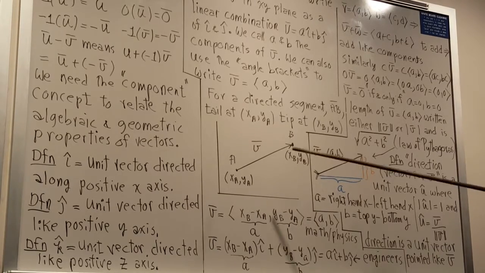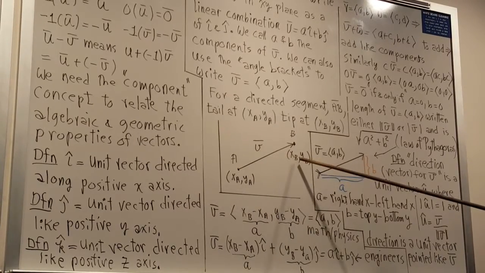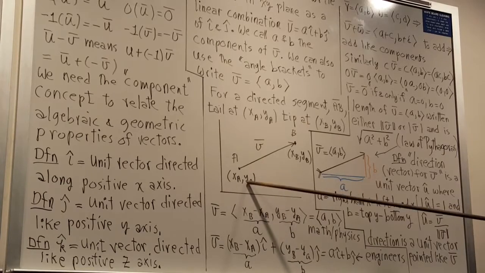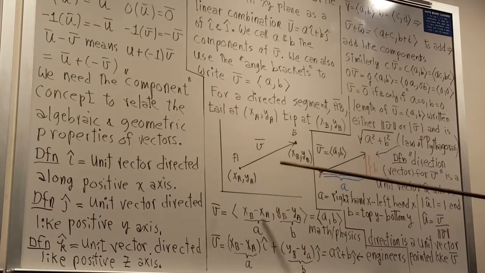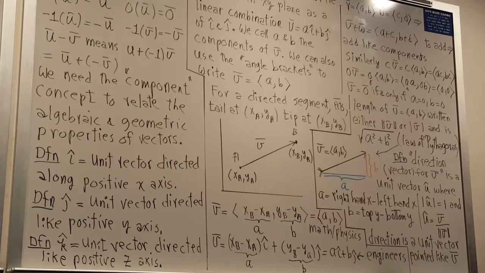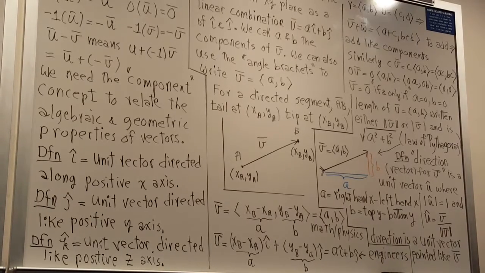And of course, if the line were horizontal, the y numbers would be the same, and if it were vertical, the x numbers would be the same.